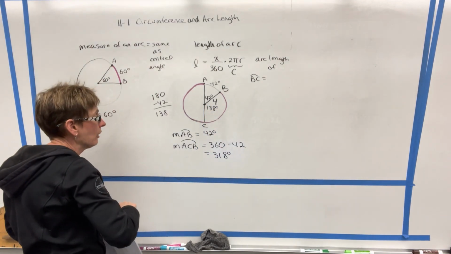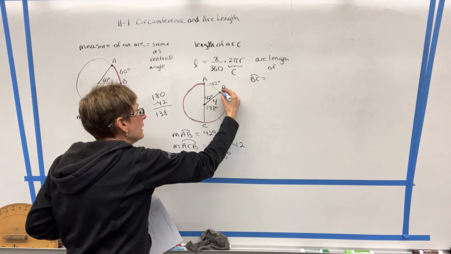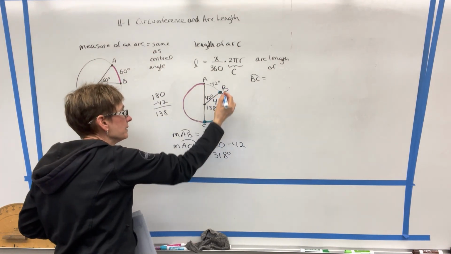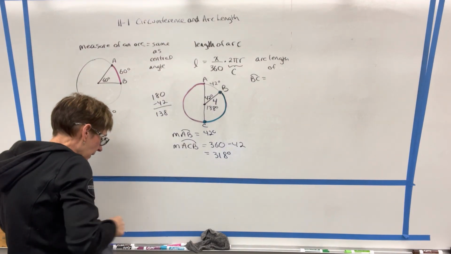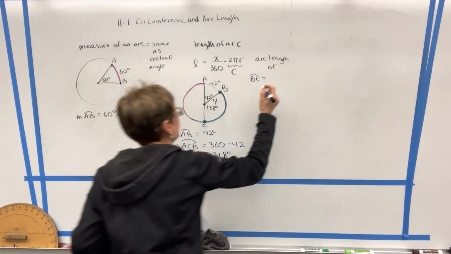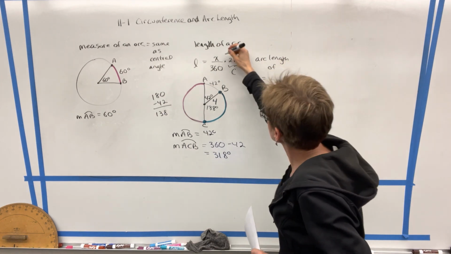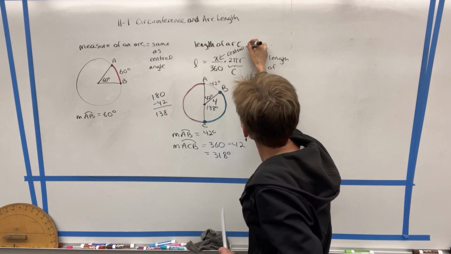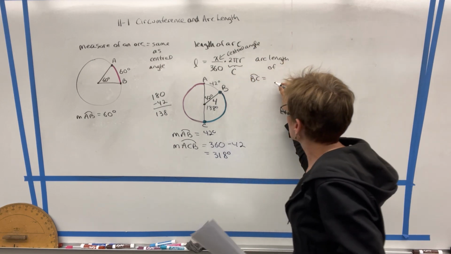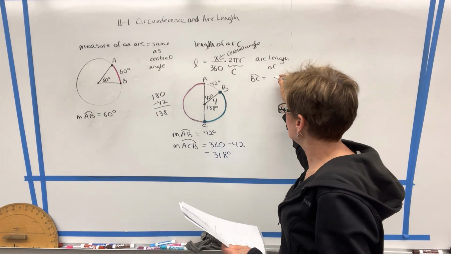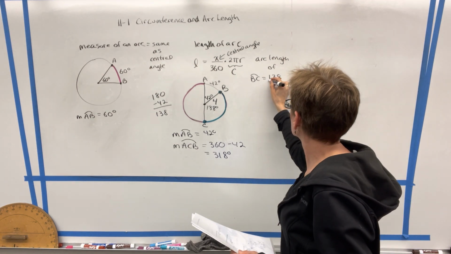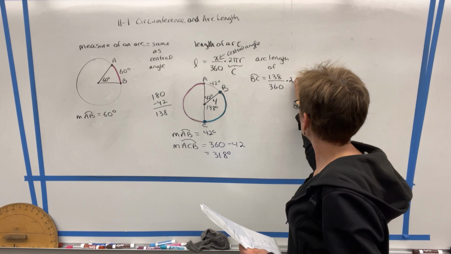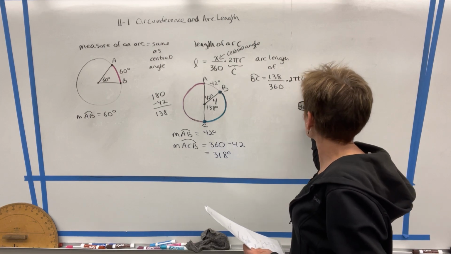And if I'm looking at arc BC, I mean this piece right here, the blue string, I want to take 138, which is my central angle, and let's label that, by the way. This is my central angle. So I'm going to have 138 over 360 times 2 times pi times 4.